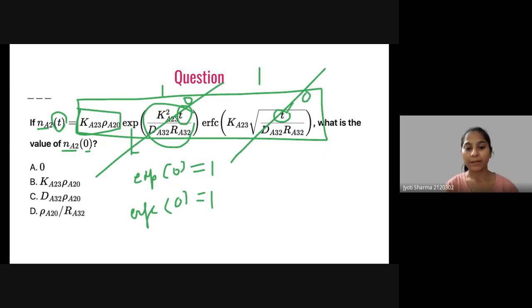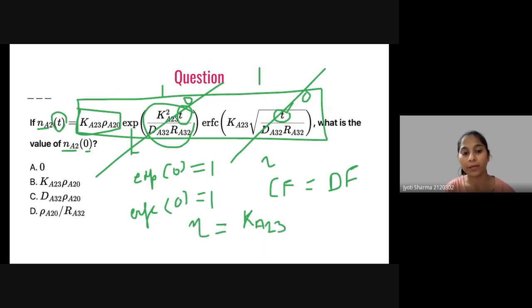And this is nothing new, we already have learned, right? The convective flux is equal to your diffusive flux, right? And in convective flux, what we have learned is Ka23. So this is your convective flux, Ka23, and we have learned rho A2 node minus rho A2 infinity in the water.